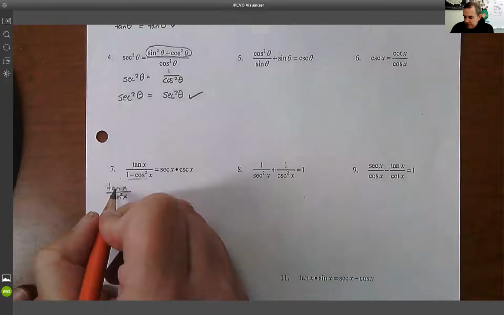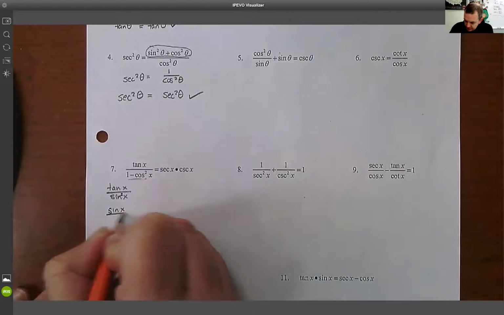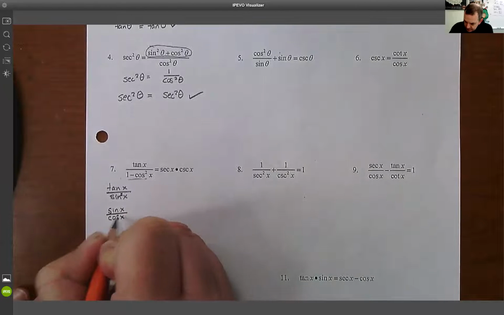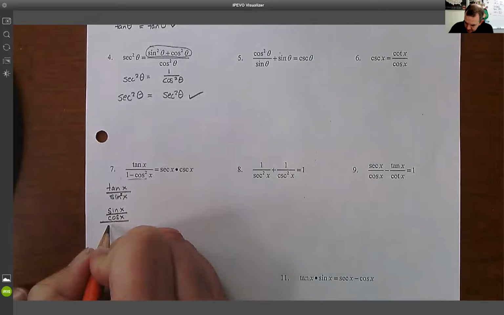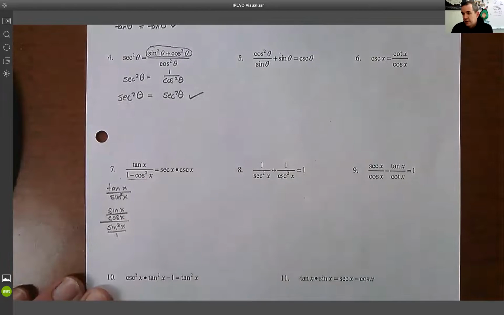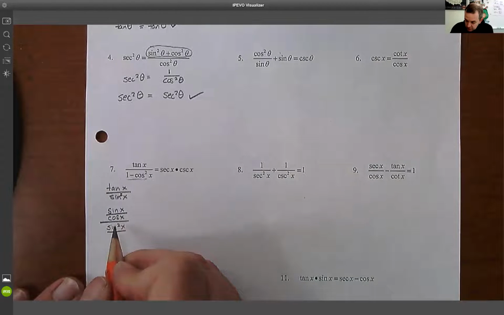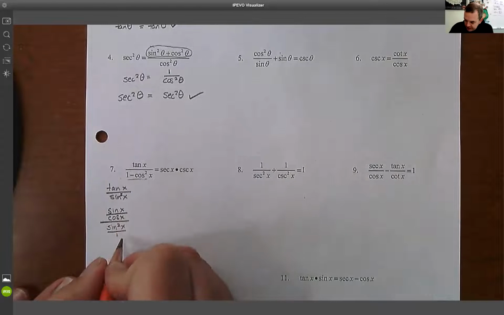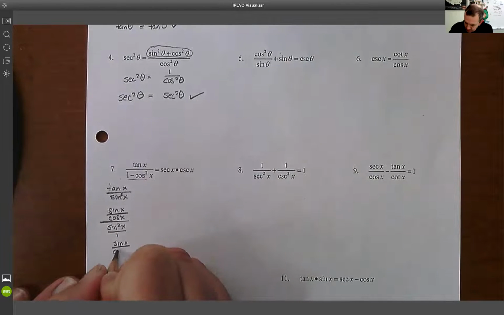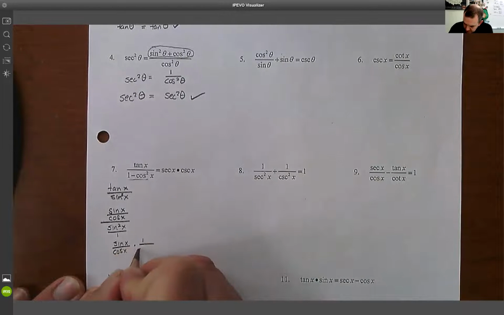Now I'm going to rewrite tangent in terms of sines and cosines. So sine x over cosine x, over sine squared x. Just as a reminder, it's a fraction, so it's over 1. This is the same as multiplying by the reciprocal. So this becomes sine x over cosine x times 1 over sine squared x.